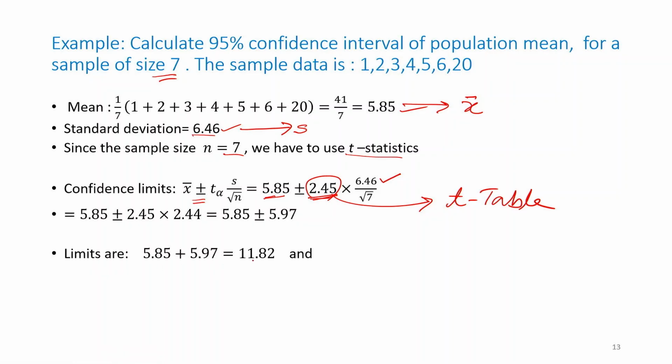The limits are 11.82 and minus 0.12. So these are the two limits when the sample size is low. You see, the calculations are only 4 or 5 lines. That's all, and with a calculator in hand, you can do it very fast. So this is the limit of mu in this case.